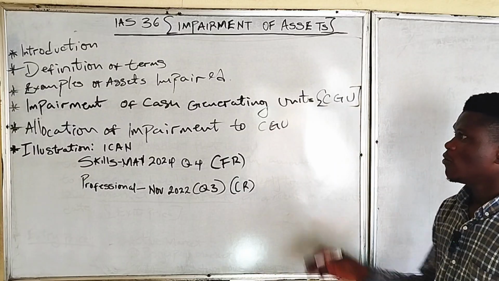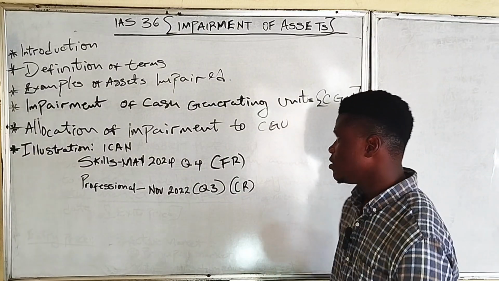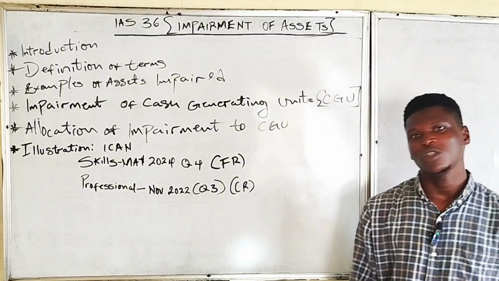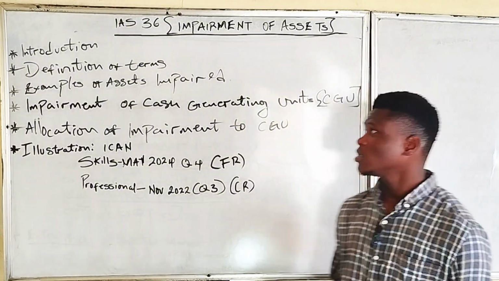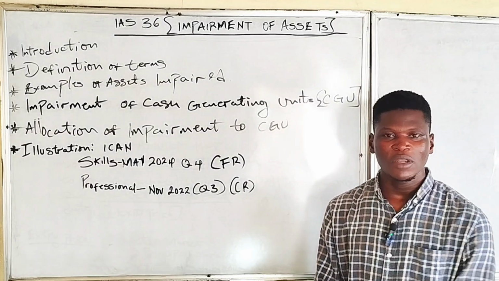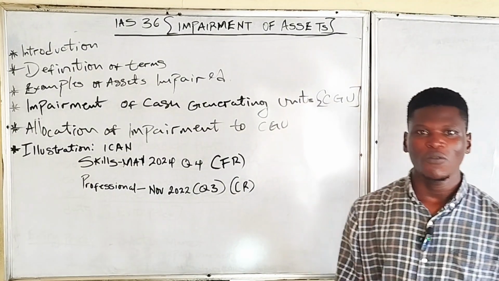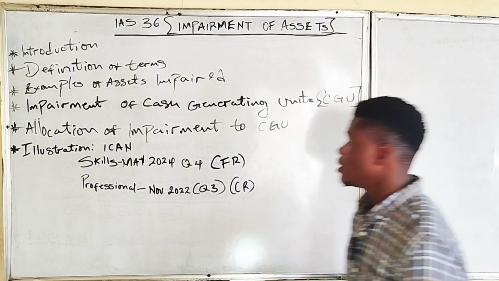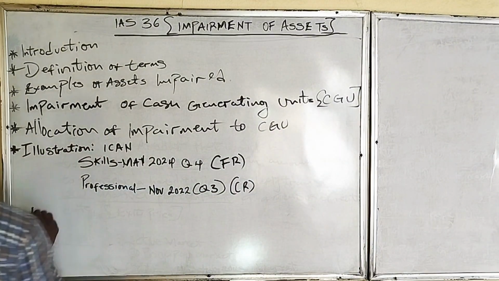So impairment itself, under the definition of terms, is a permanent loss or reduction in the value of an asset. So impairment arises as a result of the excess of carrying amount of an asset over the recoverable amount of the same asset.